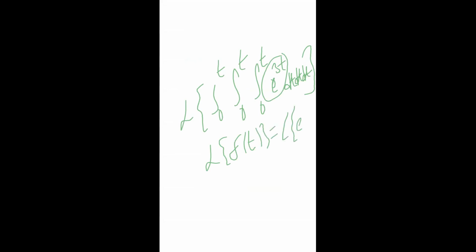For L of e power 3t, here 3 is positive, so we write s minus 3. In s minus 3, how many times do we have to divide by s? 3 times, because here there are 3 integrals 0 to t. So 1 by s cube into the value of L of f of t, f bar of s. This is the integral of Laplace transform.